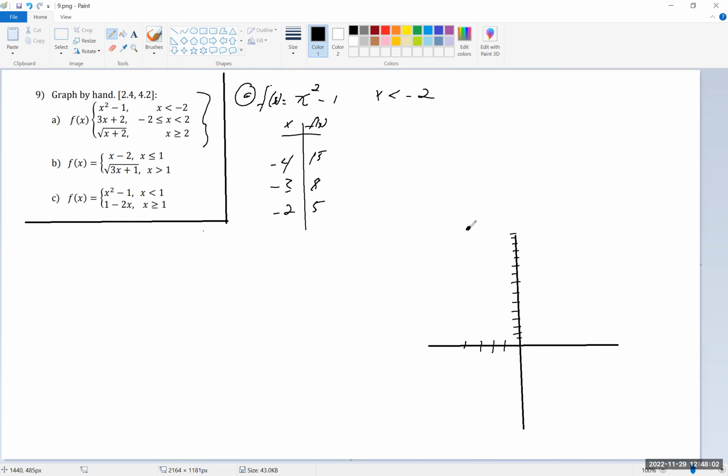And of course, I'm eyeballing this, so it's fairly imperfect. -3, 8, 1, 2, 3, 4, 5, 6, 7, 8, if I counted correctly there. And -2, 5, 1, 2, 3, 4, 5. So that's as far as that piece goes.